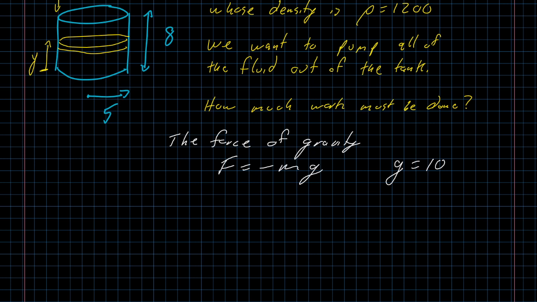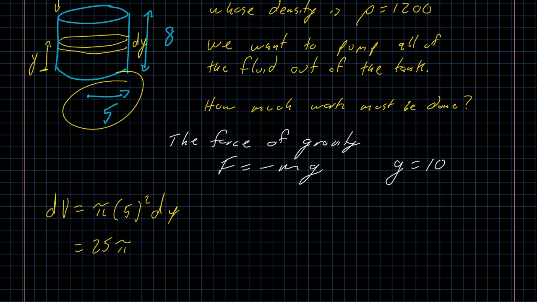This small sliver is infinitesimally thin. The height of the sliver is dy, but it is a cylinder with the same radius as the entire cylinder we're dealing with. So the little bit of volume represented by that sliver would be pi times the radius 5 squared times the height, which is dy, or just 25 pi dy.